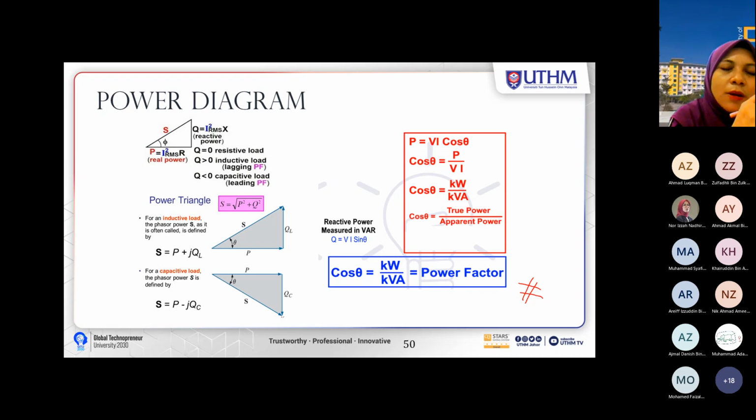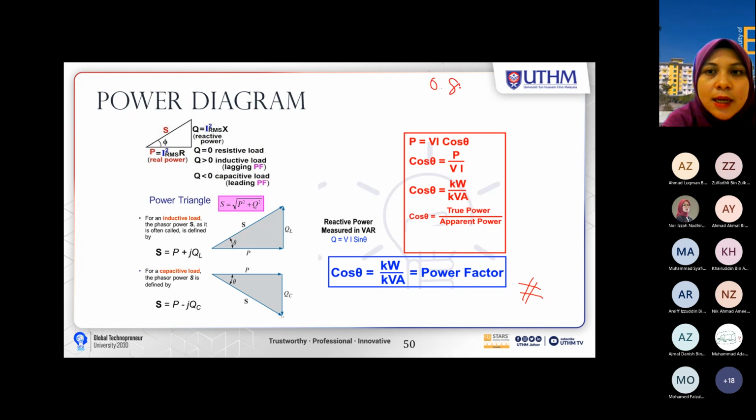Okay, so like I explained earlier, when we design for, for example, a high rise building, we have to design the cap bank. We have to consider the power factor. We have to state that the power factor is not less than 0.85.